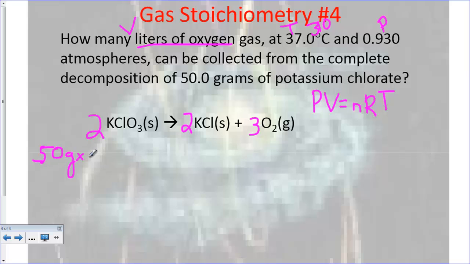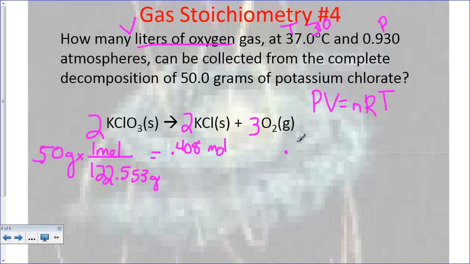Okay, so we need to get our 50 grams of potassium chlorate, 2 moles. And we saw from the previous slide the molar mass of potassium chlorate was 122.553. Okay, and when we work that out, we get 0.408 moles. Okay, now we can go plug this into our equation.